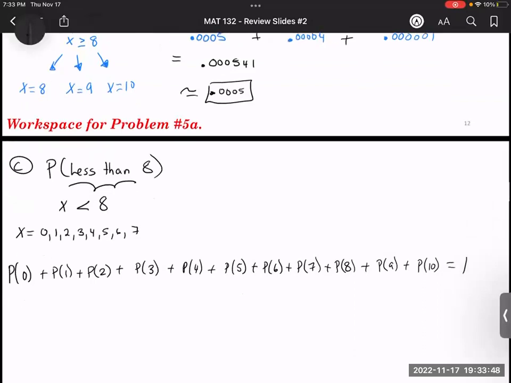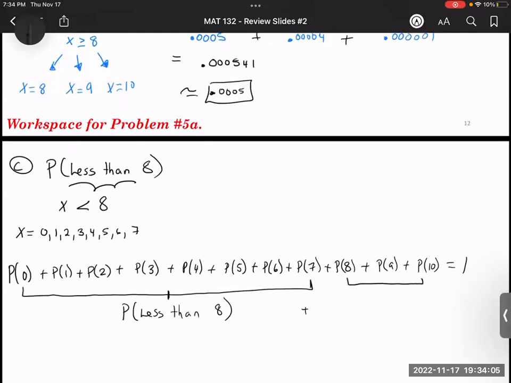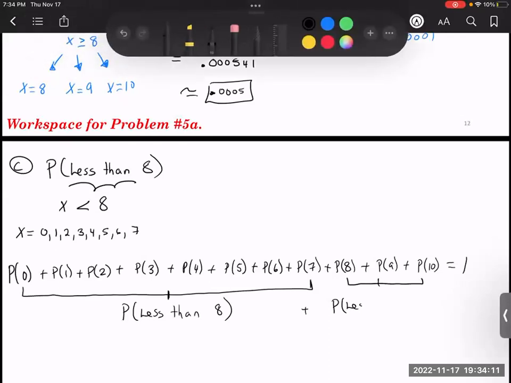What we just saw from part C, the notation of this is that the less than covers this piece. This is the probability that it's less than 8. On the other hand, if you look at 8, 9, and 10, we just did that. That is the probability that it's at least 8 or more. And that's equal to 1.